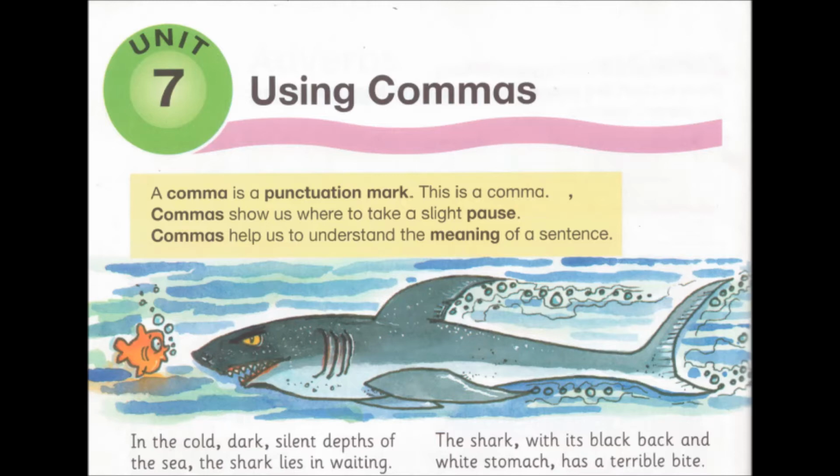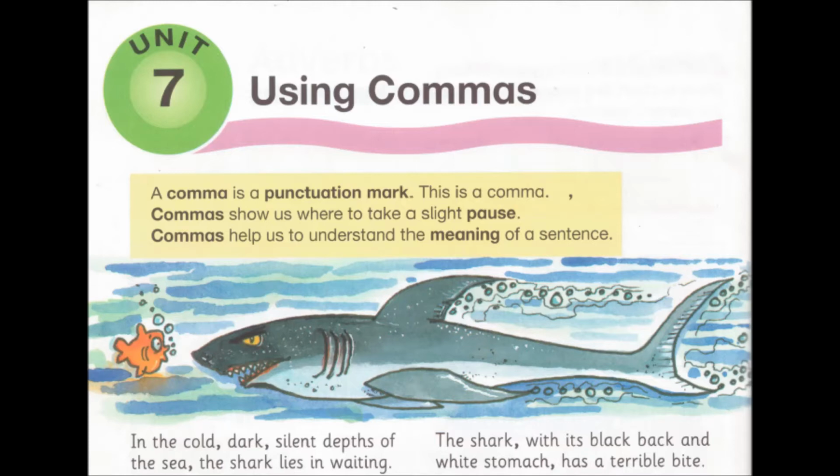Okay, so we've got two sentences here talking about the shark. In the cold, dark, silent depths of the sea, the shark lies waiting. And if you notice, the first two commas are actually part of a list. They're a list of adjectives that describe the depths of the sea.